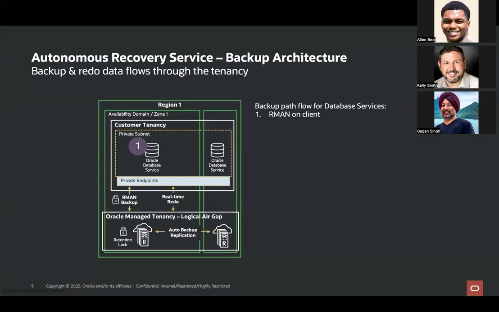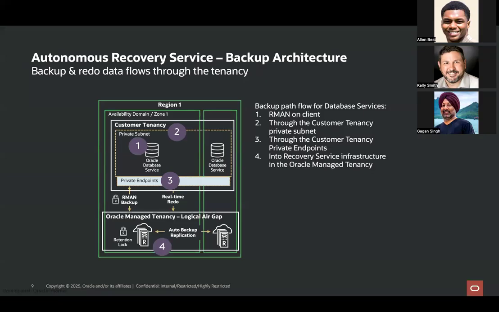The database then moves through your private subnet and then into your customer tenancy. So the data goes from the private subnet through the customer tenancy, and that's where it actually lands on the recovery service, which is in an Oracle managed tenancy separate from the customer tenancy.